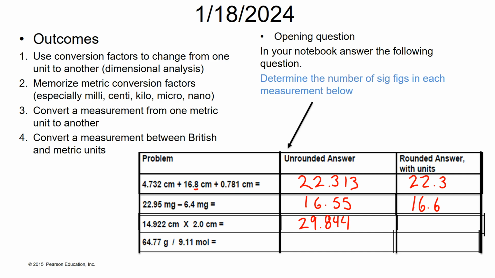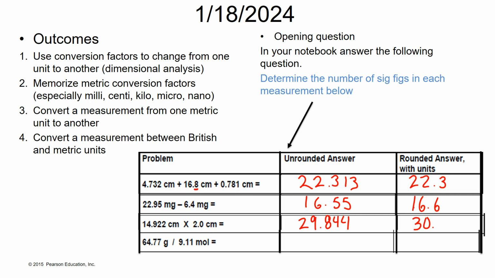Now, here's an issue. When I round this to 2 sig figs, how do I show that that 30 represents 2 sig figs and not 1? I can put a decimal right in behind it. I could write it in scientific notation as well. Scientific notation would be writing more than I need to in that case.